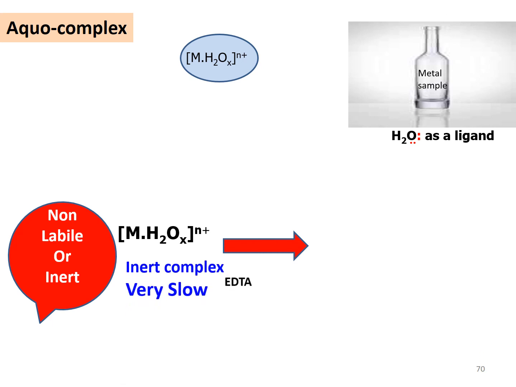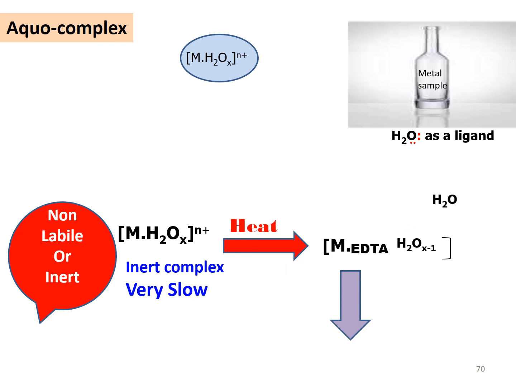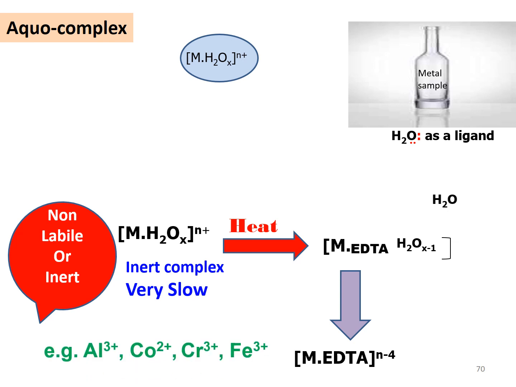It is a very slow reaction if we want the water to be replaced by EDTA, using heat and vigorous shaking, then the EDTA could replace the water molecules. This slow reaction cannot be performed if we want accurate results. Therefore, with the aid of back titration, we can analyze such metals as aluminium, cobalt, chromium, and ferric.